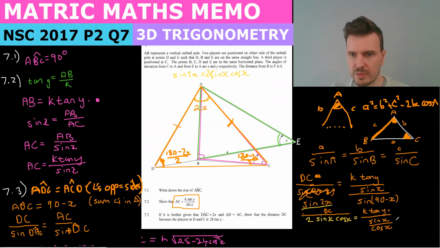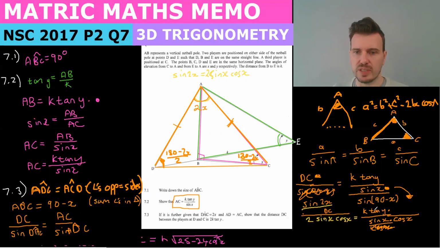Because it's at the bottom of the top, it can go to the bottom. So I'm going to make it sine x cos x. So this sine x, which was at the bottom of the top, just goes to the bottom. And so we'll just take this away.